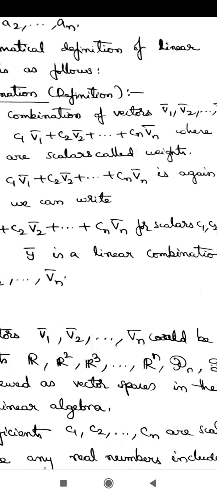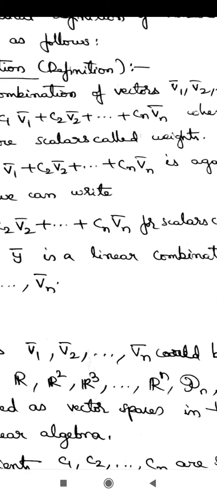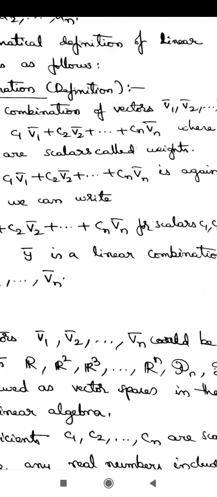Even though it looks like only one vector, it represents an infinite number of linear combinations, where the scalars c1, c2, so on cn are not fixed. They can have any real numbers as values.